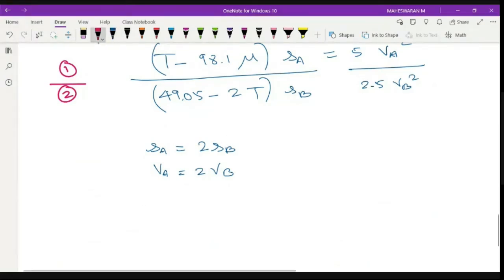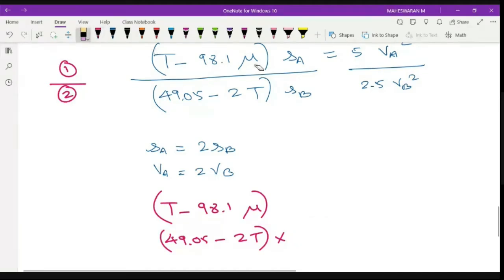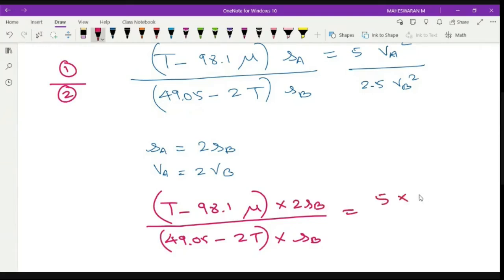In this case, what you'll get is (T minus 98.1 mu SA) divided by (49.05 minus 2t) into SB, and this is 2 into SB, is equal to 5 into 4 VB square divided by 2.5 VB square.